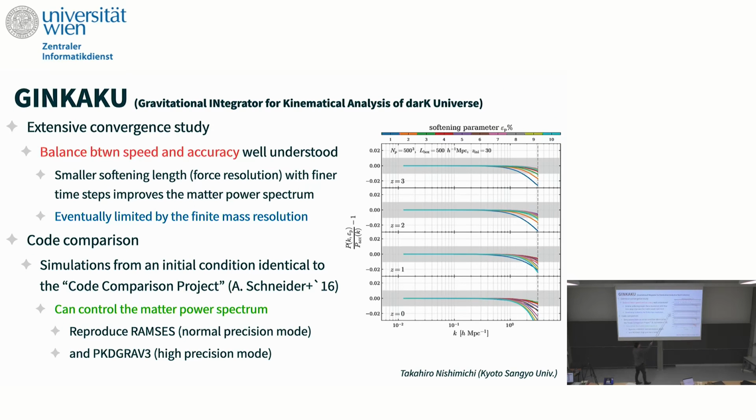For instance, here we change the softening parameter, coherently with the time steps. So it's a two-dimensional test, varying both softening lengths and time steps, to really understand this non-monotonic behavior on large and small scales.